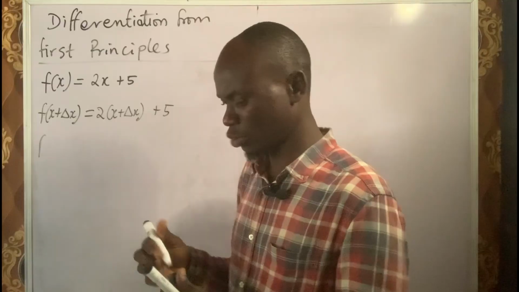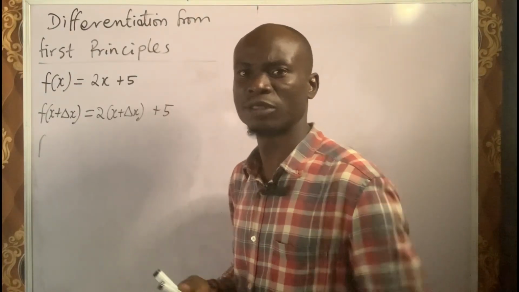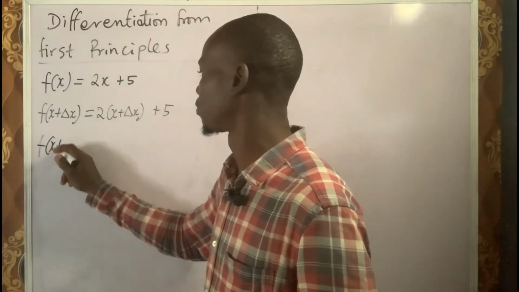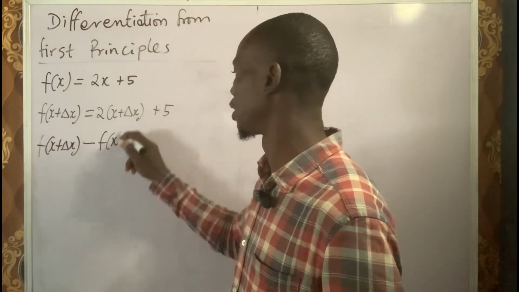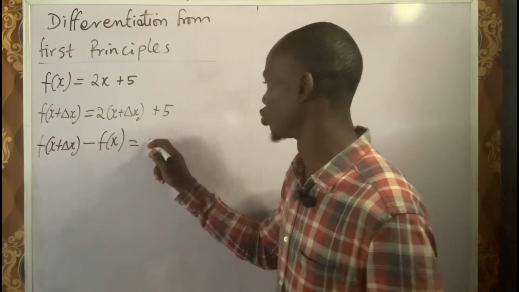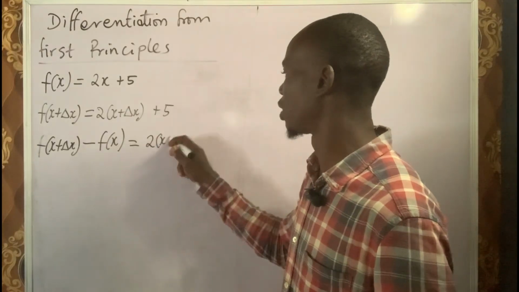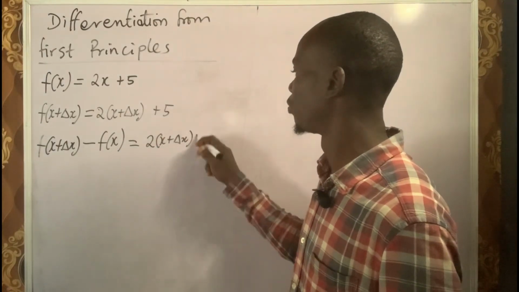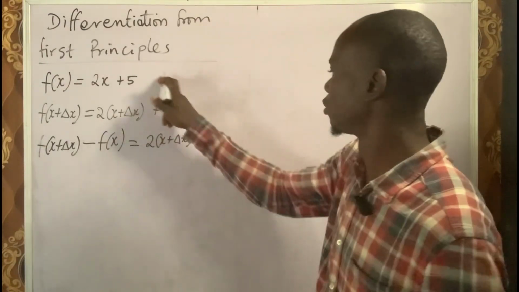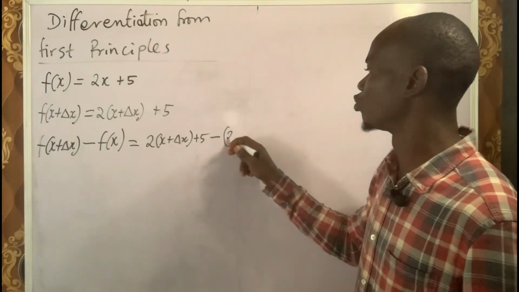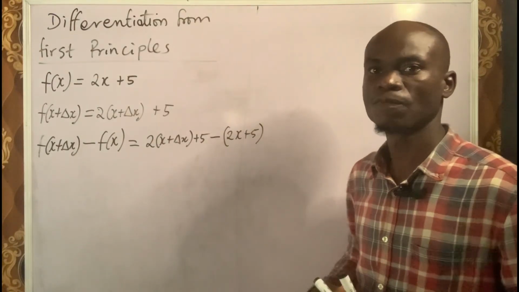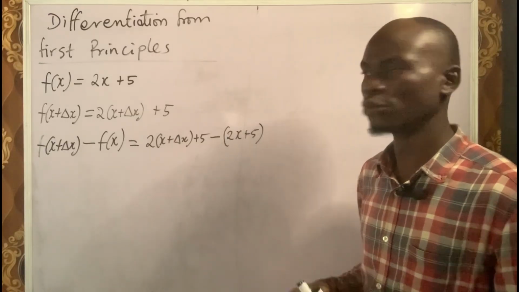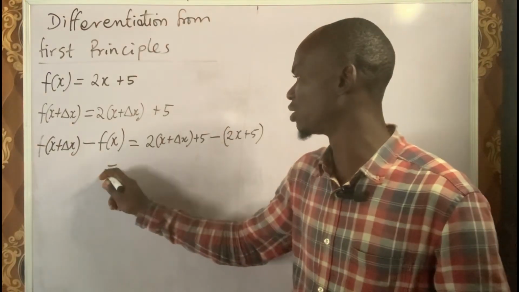The next step is equation 2 minus equation 1. I have f of x plus delta x minus f of x. It means that equation 2, which is 2 times x plus delta x plus 5, minus equation 1, which is 2x plus 5. You see it? So what I need to do is to open up the brackets. Remember, I'm simplifying at this stage.